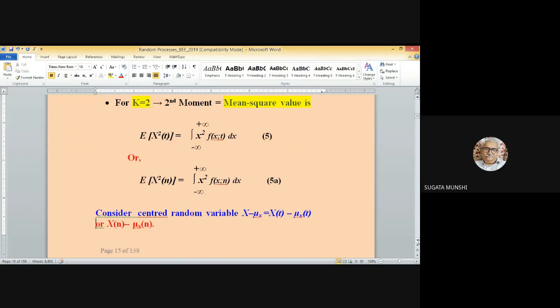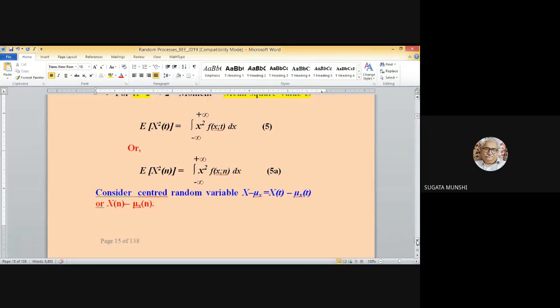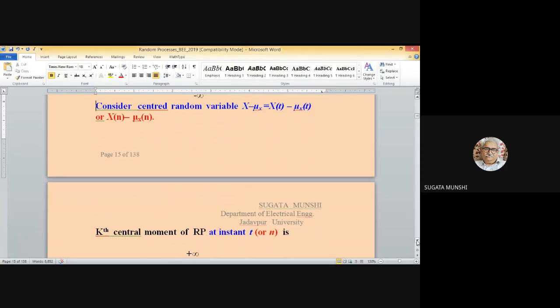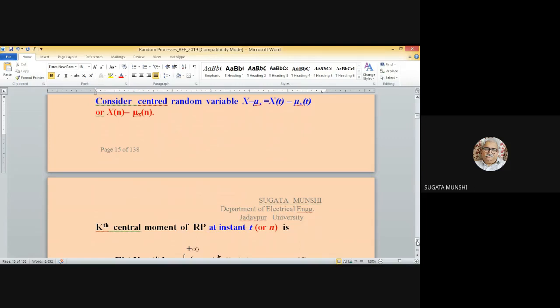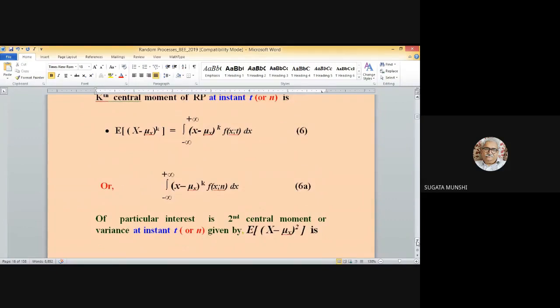So we'll also have the central moments. So those are the expressions for the kth central moments of the random process.